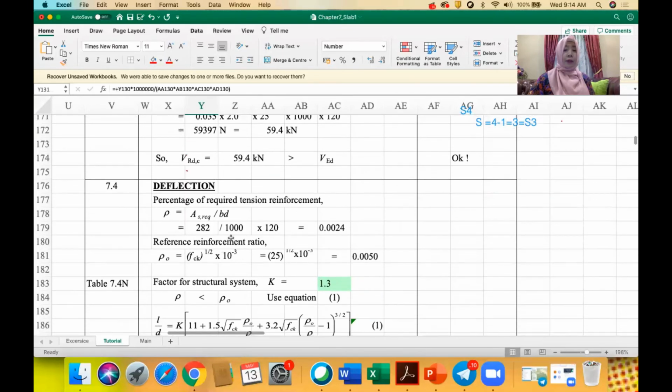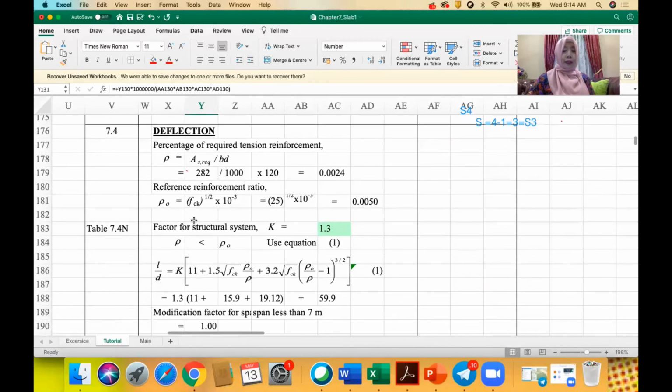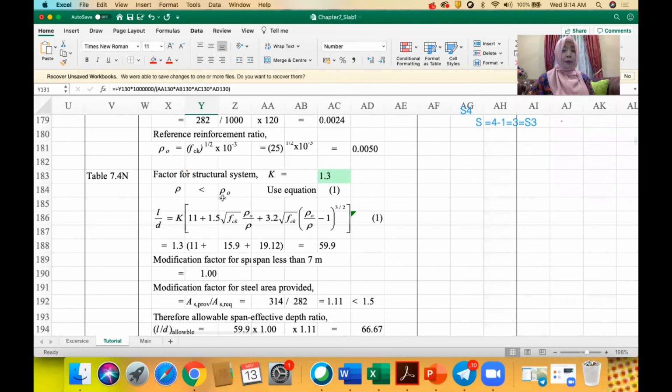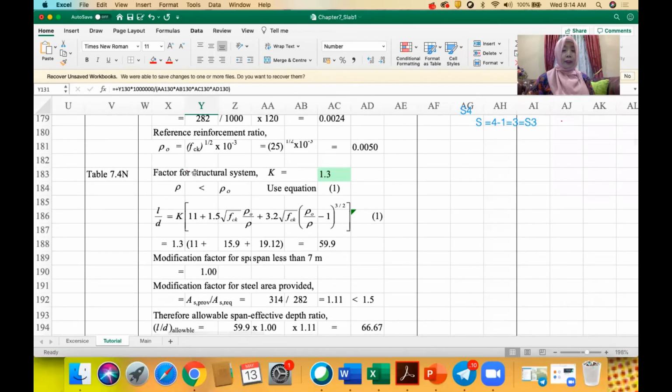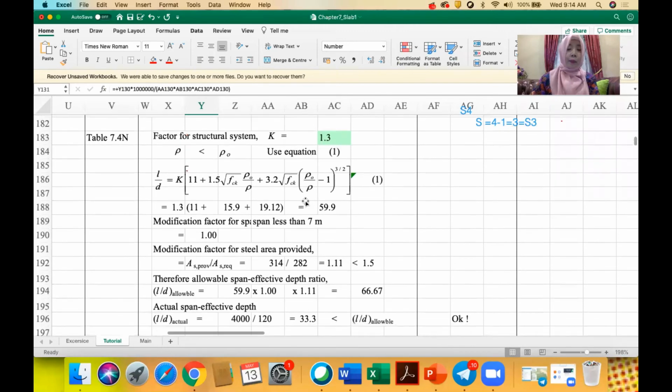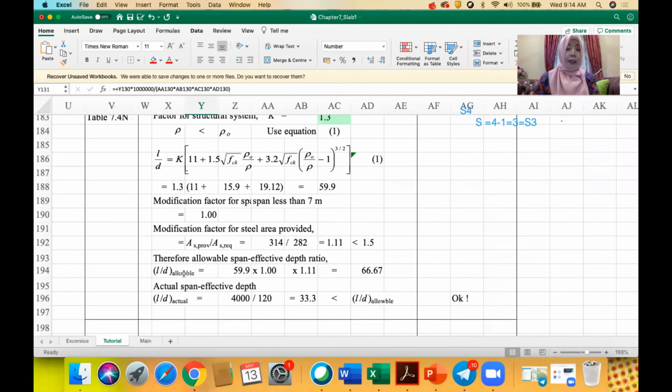Now calculate 282. And then calculate the rho, and the factor for structural system K is 1.3, because continuous slab. Therefore, we need to calculate L/D allowable. This is what we did just now: 59.9 times 1, because of less than 7 meter, times the modification factor for the steel here.